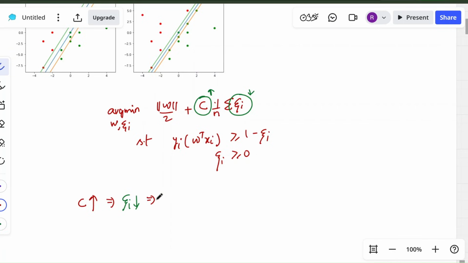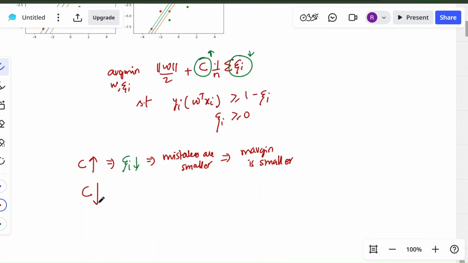That the mistakes are smaller. And that means that the margin is smaller. See, the margin is covering the space for mistakes, which means the margin is smaller.